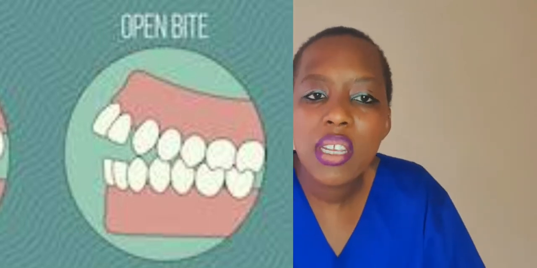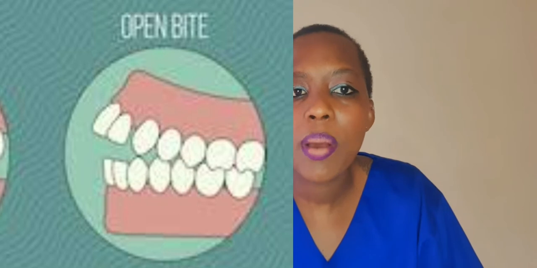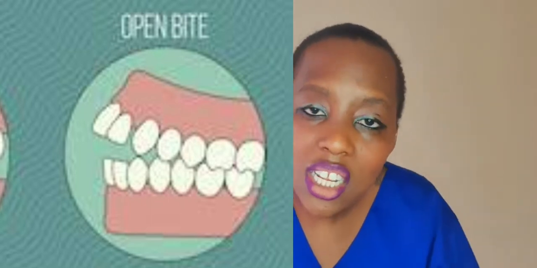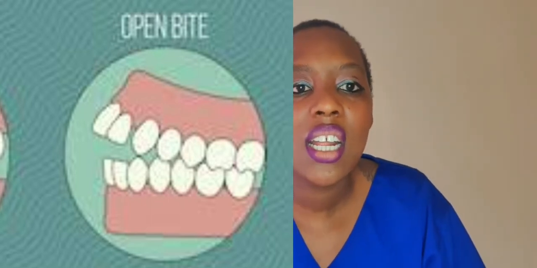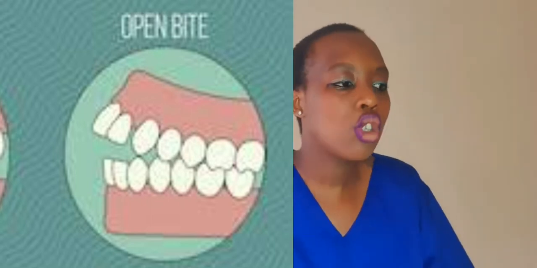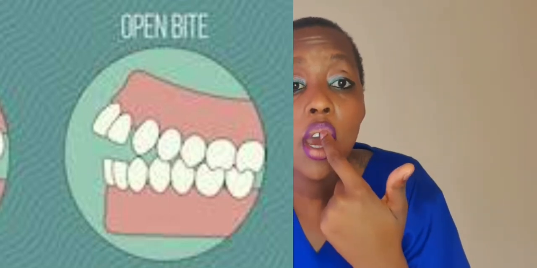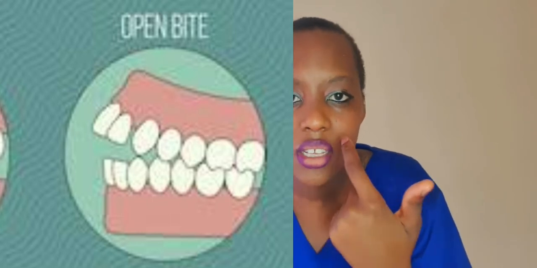This would be a patient that comes in, and when you ask them to bite, in front it will look like this. If you ask a patient to bite and they have an open space in the anterior aspect of their arcs, that is known as an open bite.